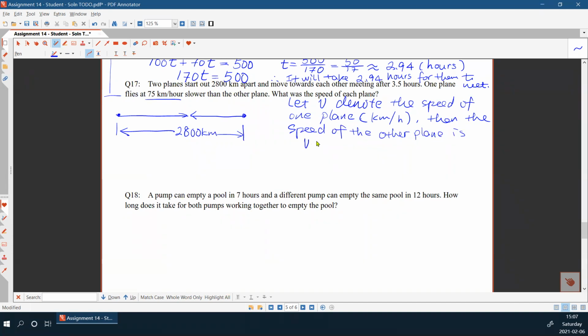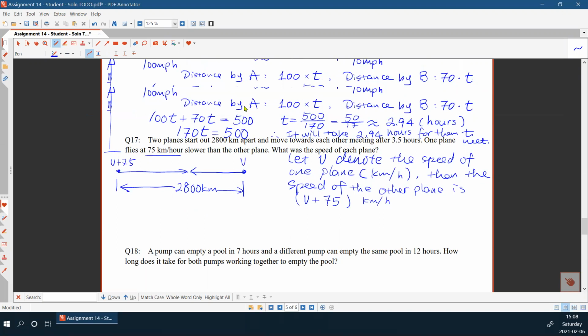Could be v plus or v minus, right? So suppose the v here is a slower plane, and then the faster plane travels at v plus 75 kilometers per hour, right? Okay, so here one plane travels at v plus 75 and another plane travels at v.